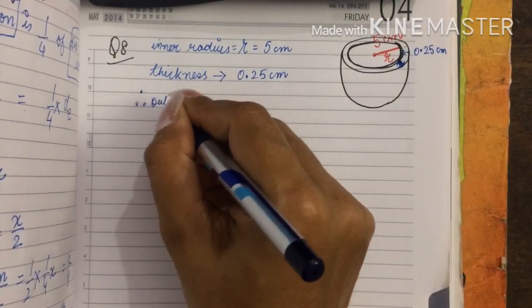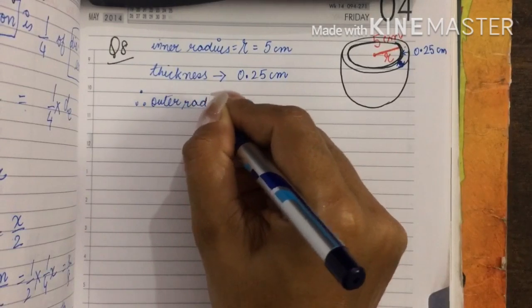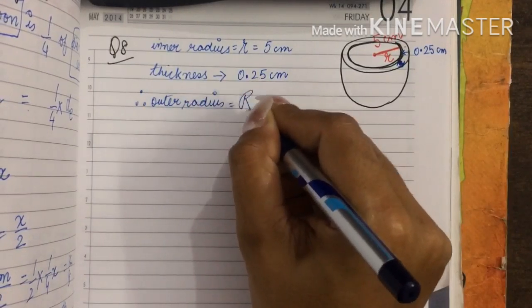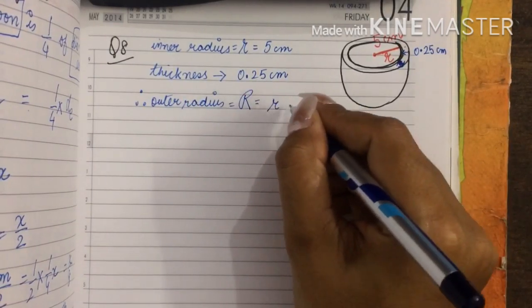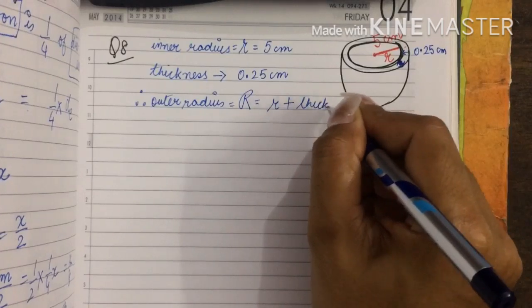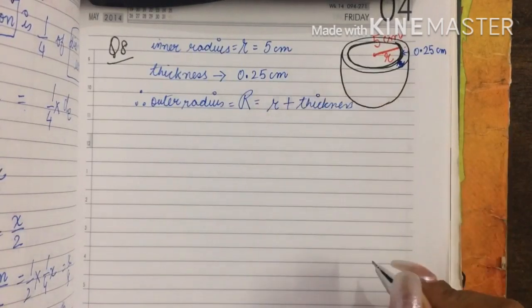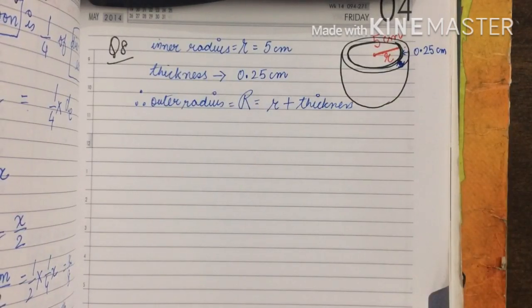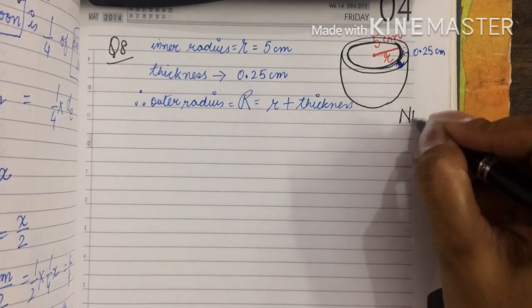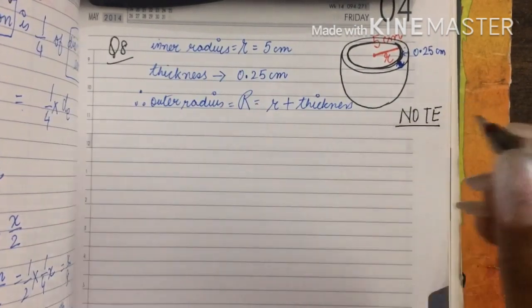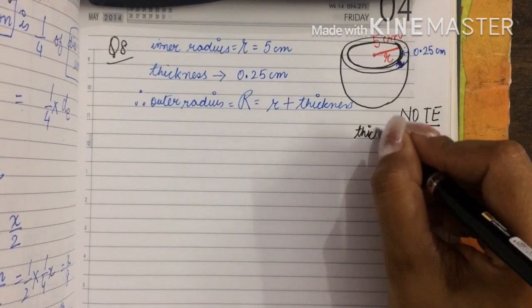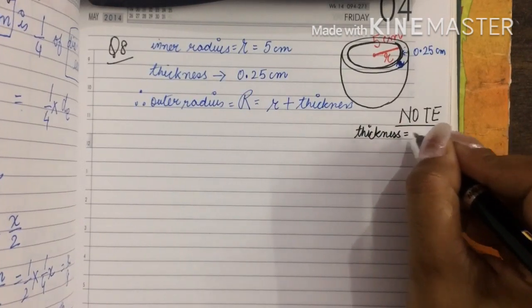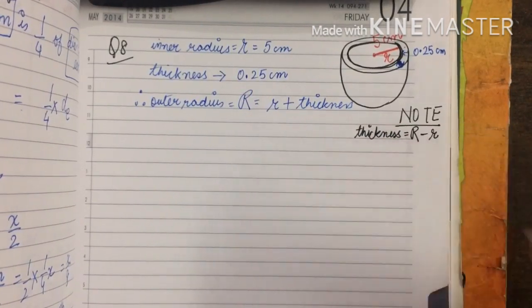Therefore, the outer radius, which we represent by capital R, will be small r plus thickness. You can actually remember this. You can write down a note that the thickness is given by difference between the radii.